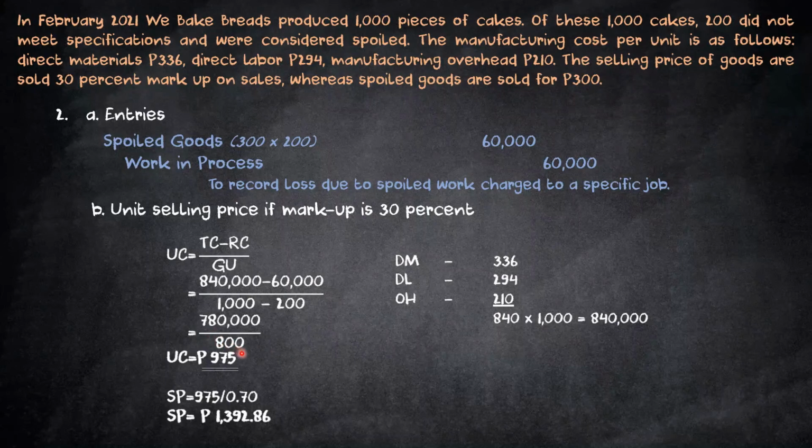Kaya, syempre, tataas talaga ang ating unit cost. So, kung tumaas ang ating unit cost, expect na rin po natin na tataas ang ating selling price. Same computation lang with number 1, letter B, divide lang natin by 70% again since markup on sales po tayo. And then, we will be able to get our final answer which is 1,392.86.